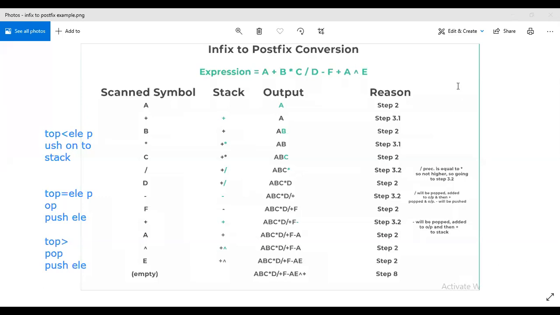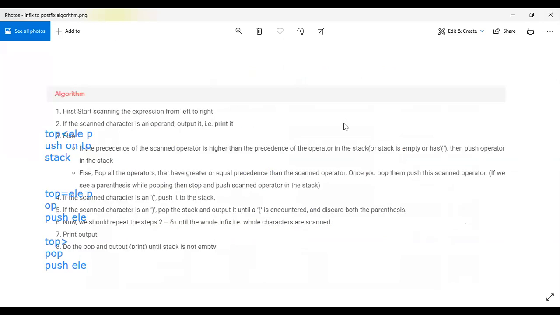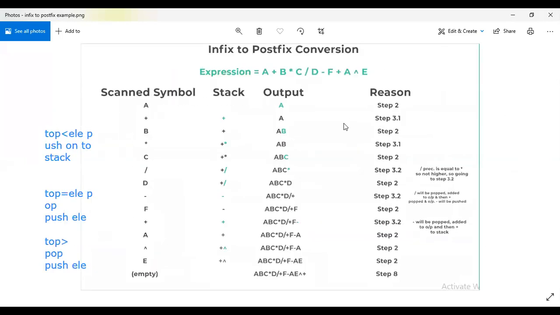Anyway, what you have to do is practice this on a small paper. See this example, take the algorithm, read it once or twice, take an example, and then finish evaluating the expression from left to right, step by step.